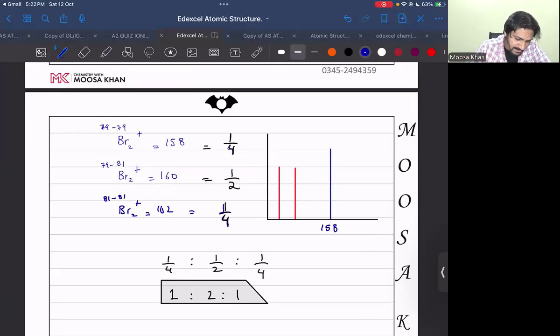Then we have a peak with mass number 160, but its height is actually twice the height of the other two peaks. And the third peak should be at 162 with the same height as the first peak.